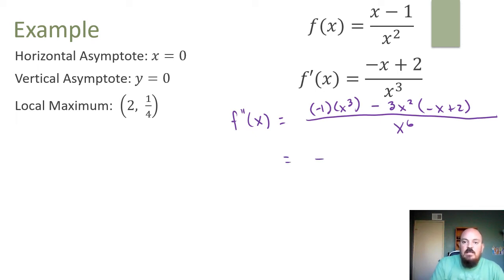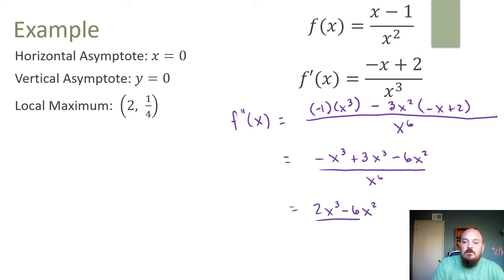Clean it up a little bit and you get -x cubed plus 3x cubed minus 6x squared, and it's still over x to the 6th, or 2x cubed minus 6x squared over x to the 6th. Now I have some x's again. In fact, I could factor out an x squared and cancel those, so let's do that.